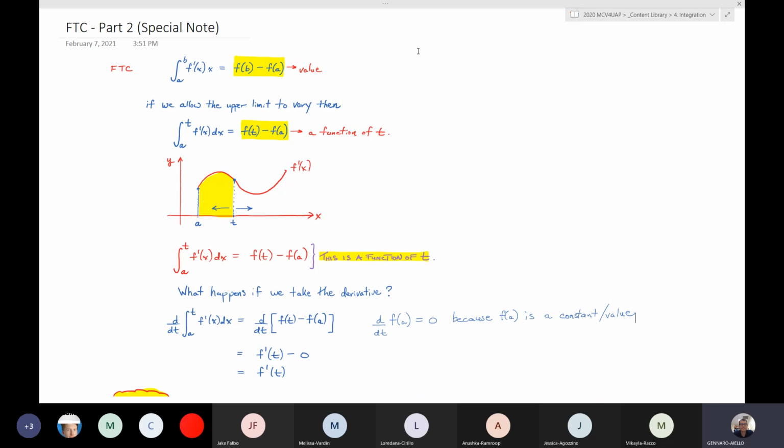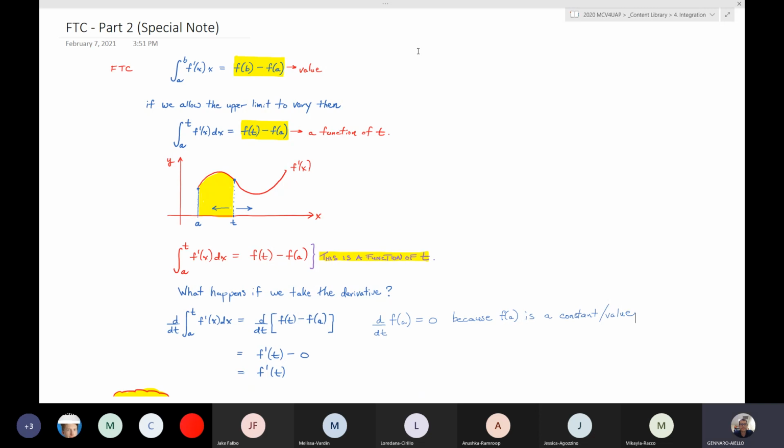Now, what does it represent? I've drawn a little graph there. If you can just pretend that that red curve is f prime, then that definite integral from a to t just represents the area under the curve starting at a all the way up to t. But just keep in mind that t can move left and right. T is variable, so it can move anywhere along that curve.